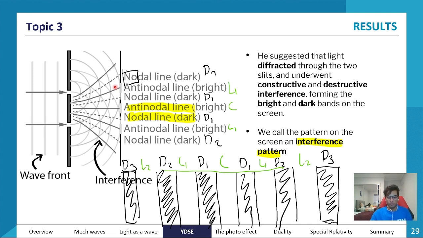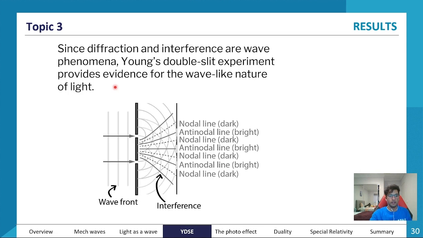And so what that proves definitely is that light is a wave. Because remember what I told you before, that all waves can diffract.